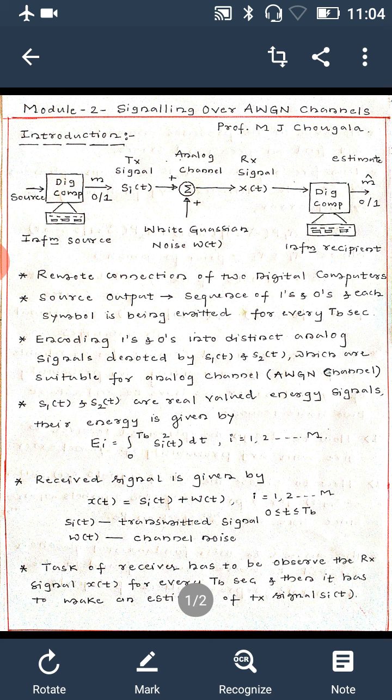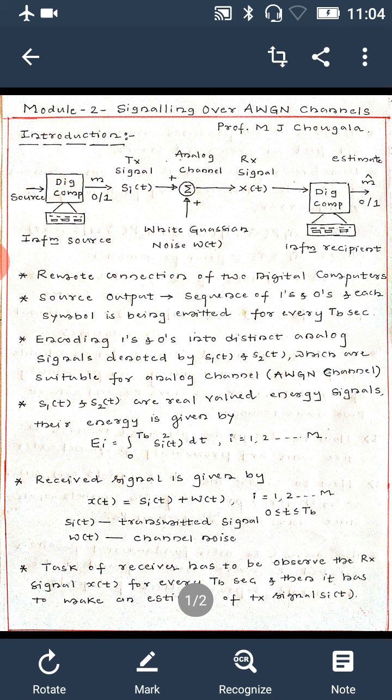In the figure you can observe two digital computers. The first acts as the information source and the second acts as the information recipient, which is nothing but your receiver.